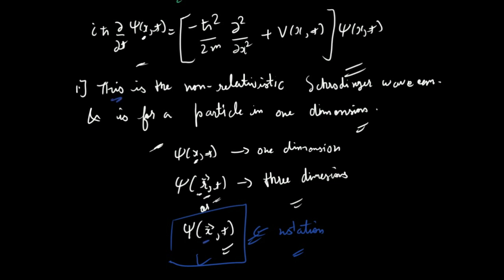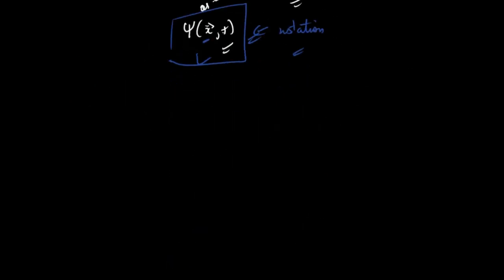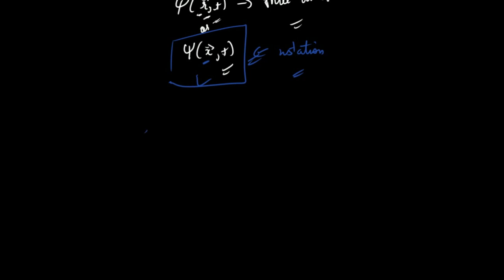So first of all, we understand that this is the non-relativistic Schrodinger wave equation. It's not the general wave equation, because as the wave function approaches the speed of light, what happens, like in the Large Hadron Collider at CERN in Geneva, Switzerland?